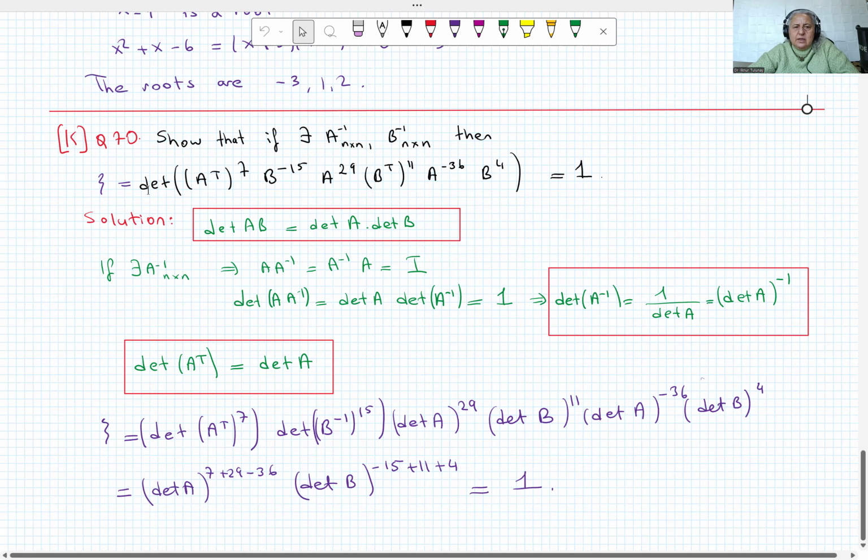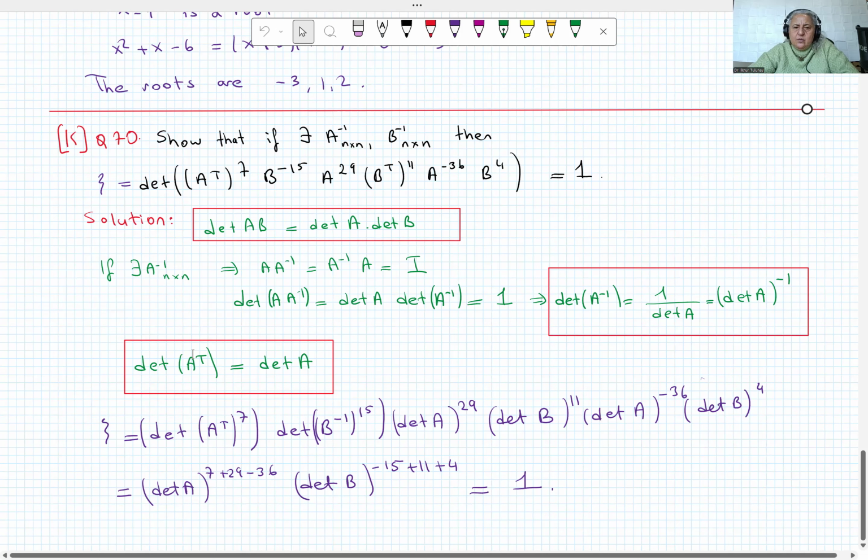Now call this left-hand side xi or something, and let's see what we can do with it. Since this is a determinant of all of these multiplications of matrices, we can separate them. We can take the determinant of each of them separately and multiply because of the first property that we talked about.